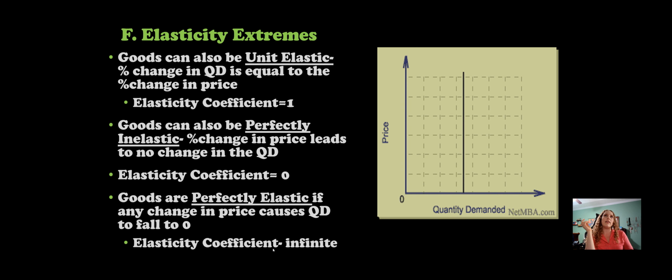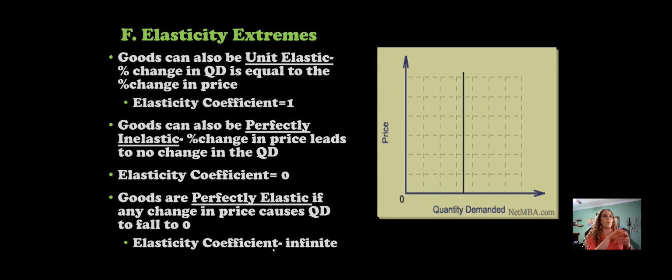And perhaps a potential example of something like this that I've seen people use before is purple pencils. If the price of purple pencils goes up, where just the outside of it is purple, the quantity demanded might go down to nothing, because if people can get the exact same thing just in a different color, then they're going to buy that and not buy the purple ones at all.